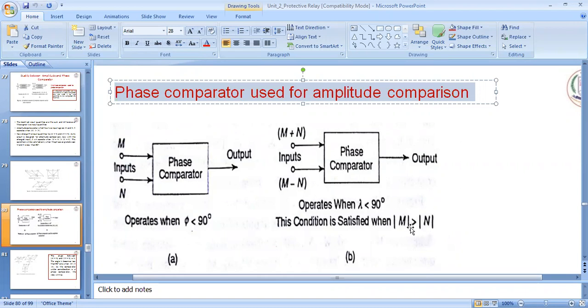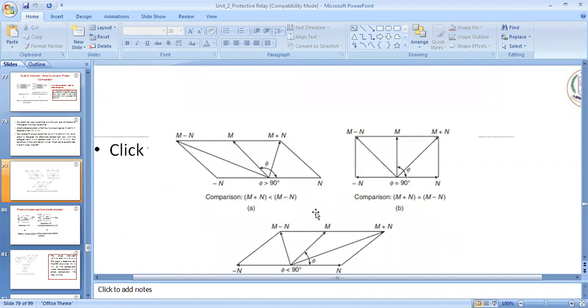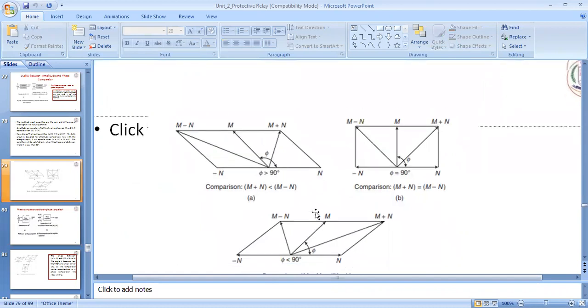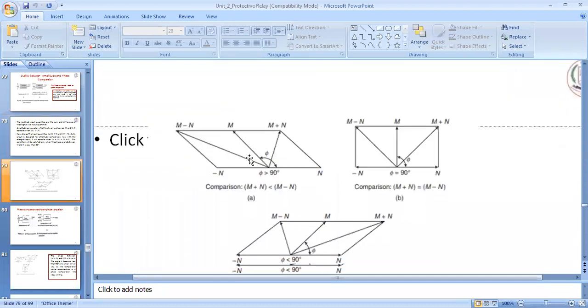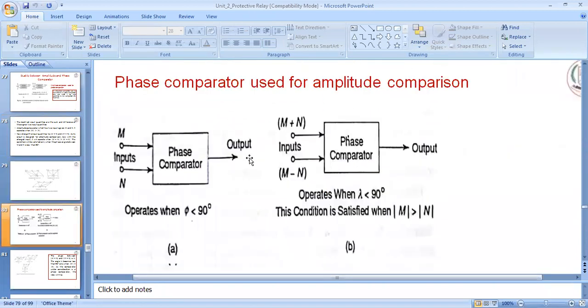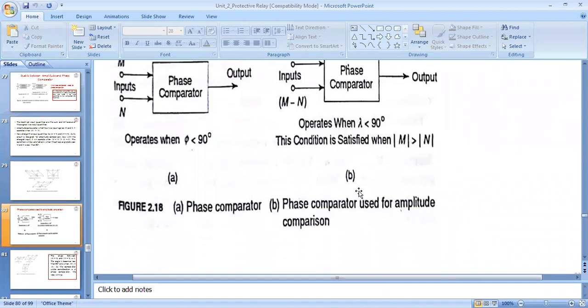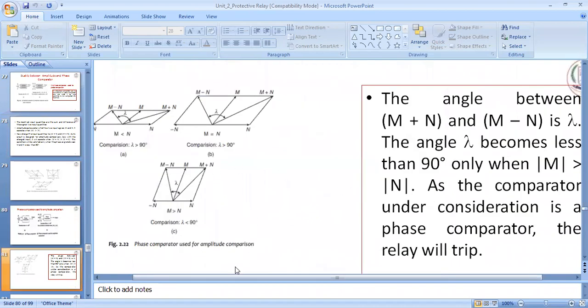M should be greater than N. This one we have already seen: M greater than N, amplitude comparator will work. So for the phase comparator to work as an amplitude comparator, my M should be greater than N. Once you see the phasor diagram, you will be able to understand.